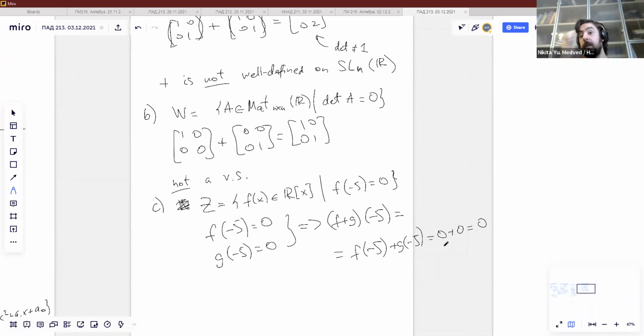So automatically, their sum is 0 at this point. Likewise, obviously, if I multiply the polynomial by a constant, then at every point, the value of the polynomial gets multiplied by this constant. But if I multiply 0 by a constant, I get 0.